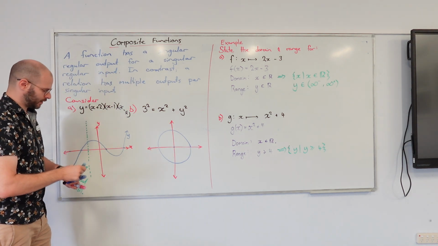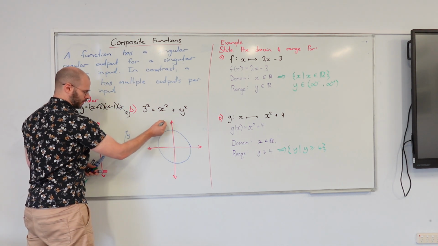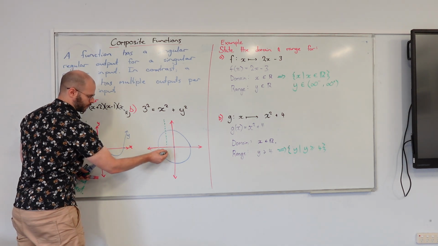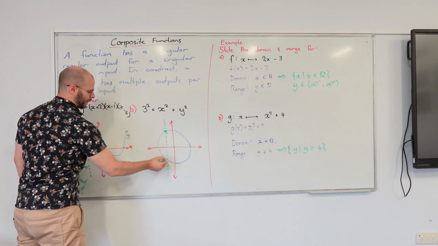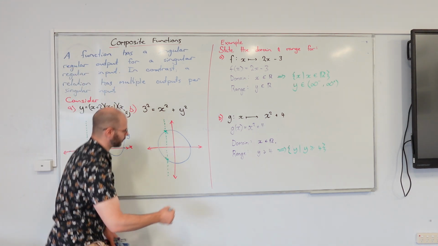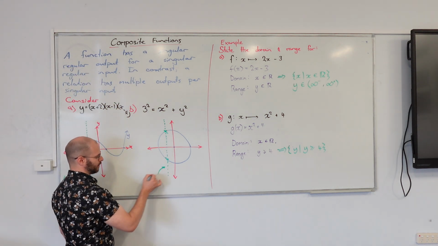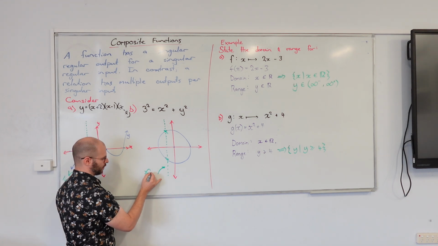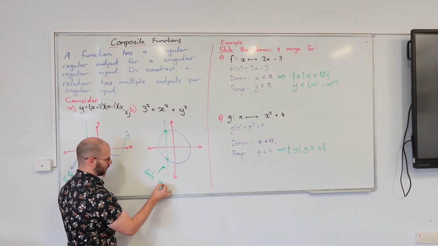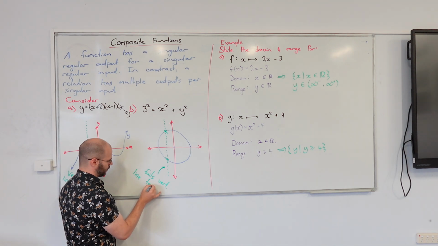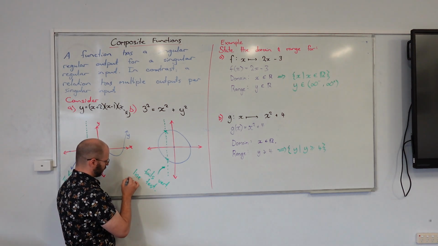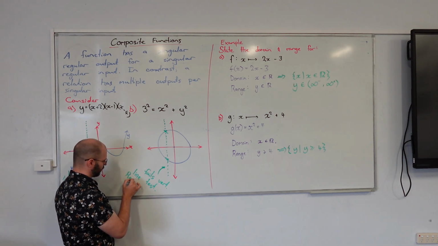Now, in contrast, we draw a vertical line. Bang, bang. This fails the vertical line test. Relation, not function.